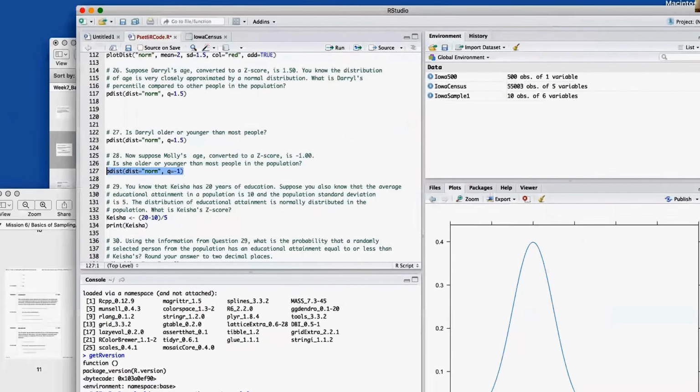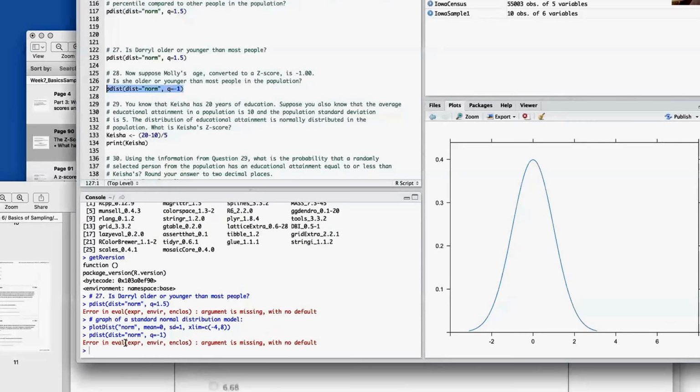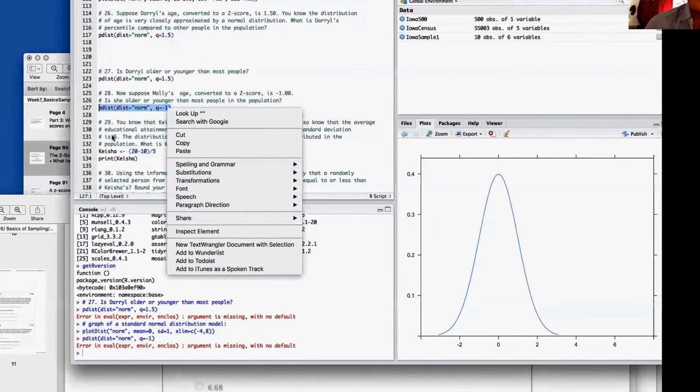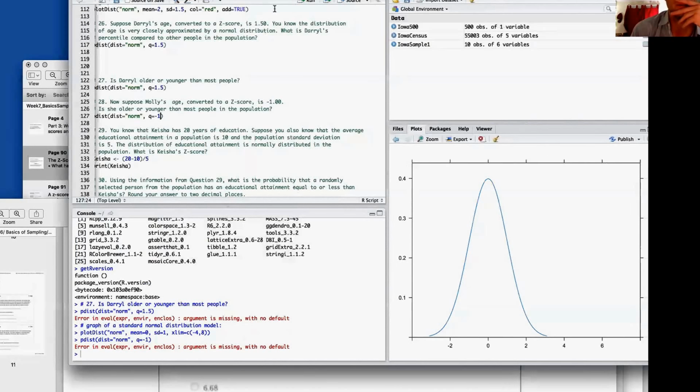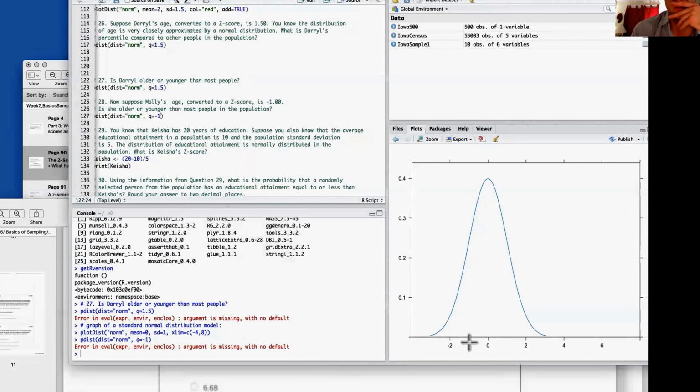But the point is, again, it seems like sometimes it'll ask for a default. Often there are default commands here. I won't waste your time figuring that out, but I will update with the message board. And if you miss that question, which you shouldn't have, because you could still answer the question by simply understanding the idea of a z-score, right?